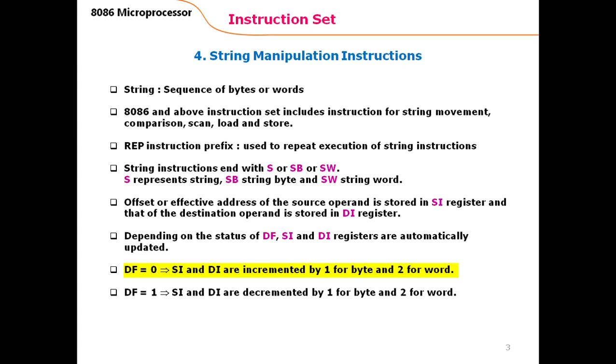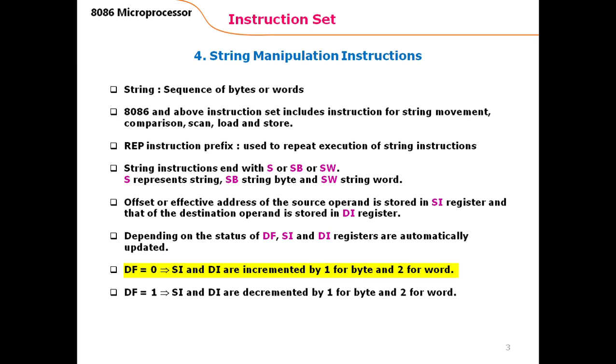If the direction flag is 0, then this mode is called auto increment mode. By auto increment mode, we mean that each time the string instruction is executed, source index and destination index are automatically incremented by 1 if the instruction has operated on 1 byte, or by 2 if the instruction has operated on 2 bytes.